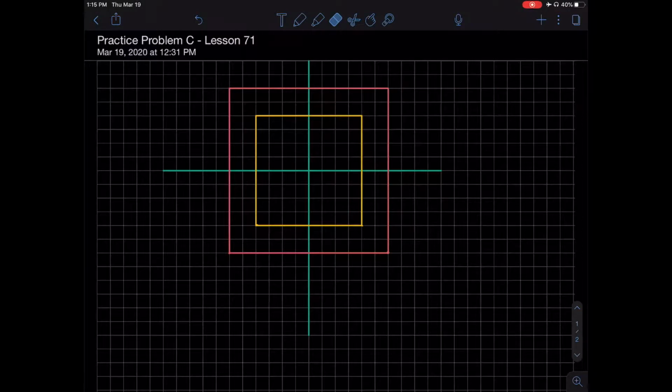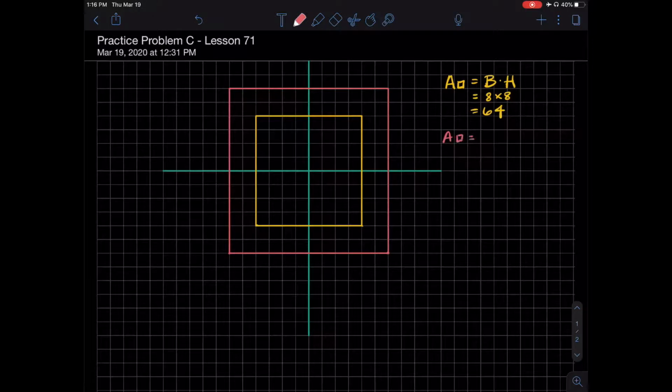Now the next part of the problem says, and by what percent would the area increase? So let's go ahead and figure out what the area is for the smaller square. The area would be 8 times 8, which is 64. The area of the bigger square would be 12 times 12, and that is 144.